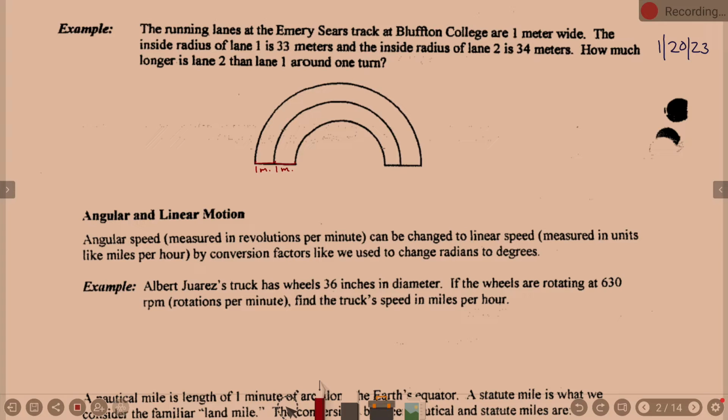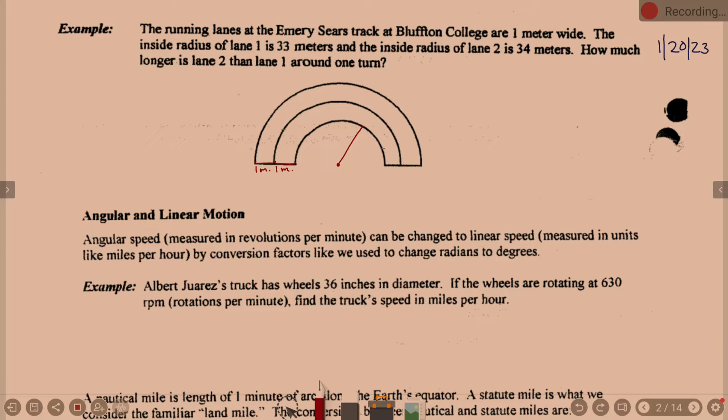In this case, your center of your circle is right here, because basically what they're showing us is half a circle. Can you see that? The inside radius, so you know where the inside of the lane is, we're going from the center of the circle to here, that would be the inside radius of lane 1.